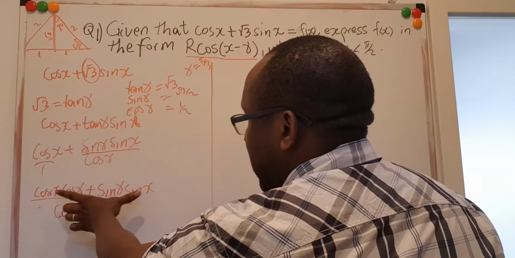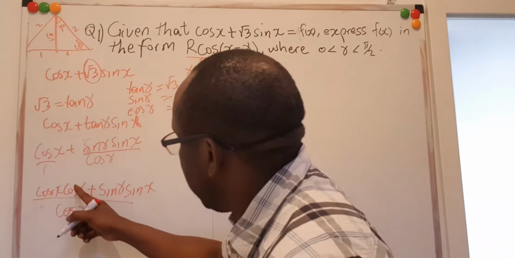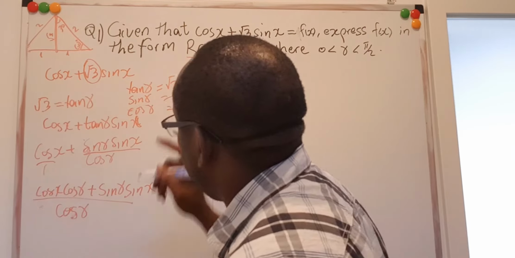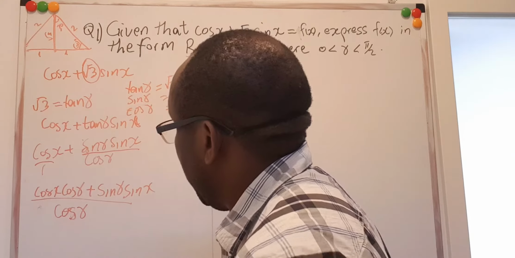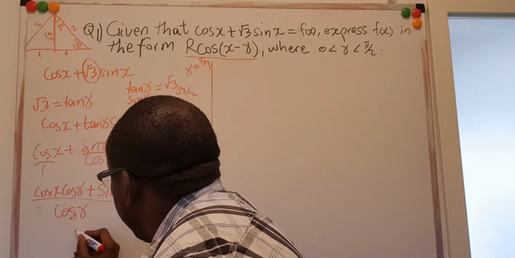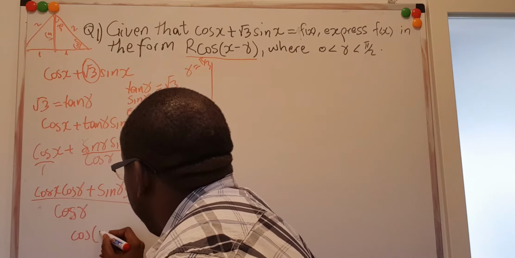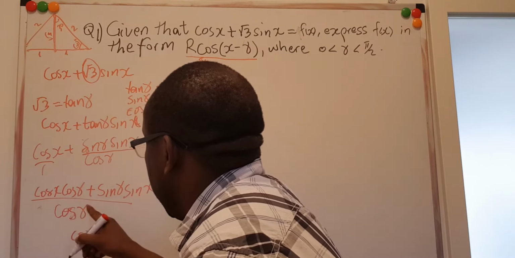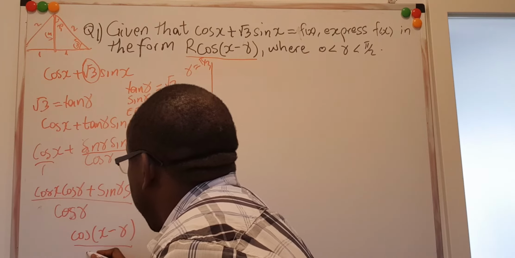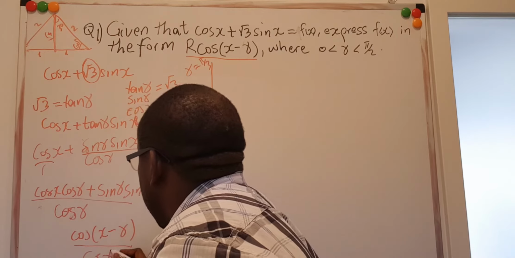If you look at this identity properly, you would see that this is just the gamma, the angle that we expect there. This is just an expansion of cosine of x minus gamma. This is plus here, so it must be minus gamma, divided by the cosine of gamma.